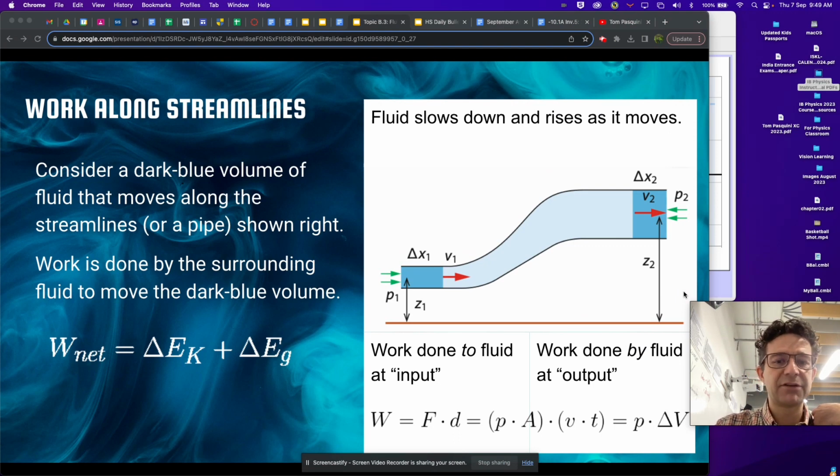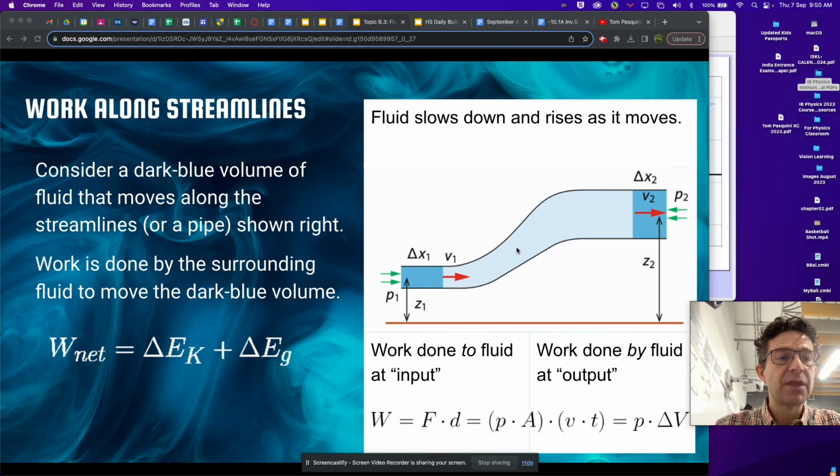It relates together three things: the pressure that the fluid exerts on the container, the kinetic energy per unit volume that a fluid has because it's in motion, and the potential energy per unit volume that a fluid has because of how high it is away from the ground.